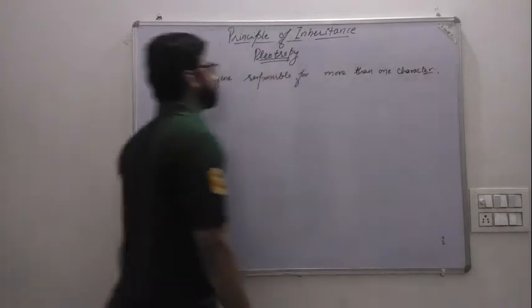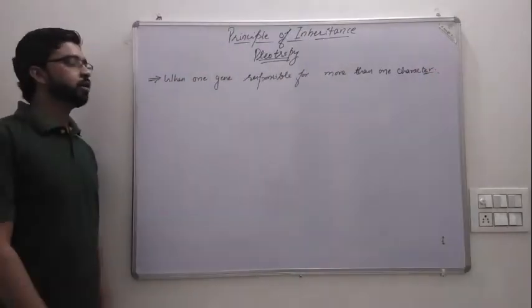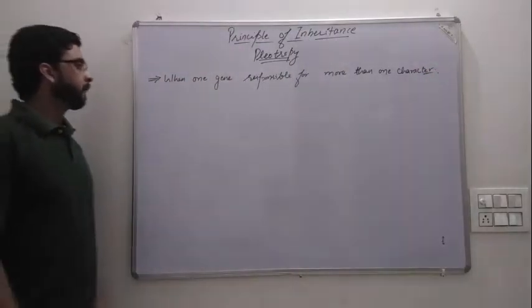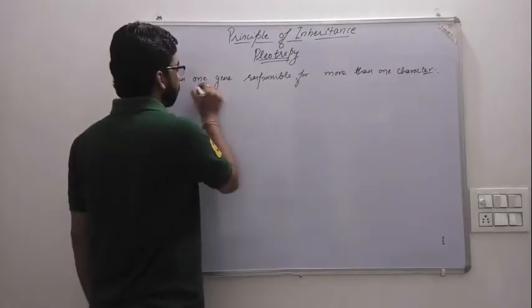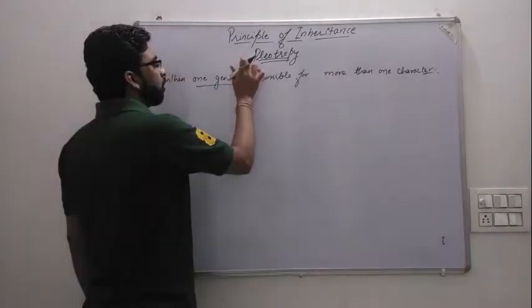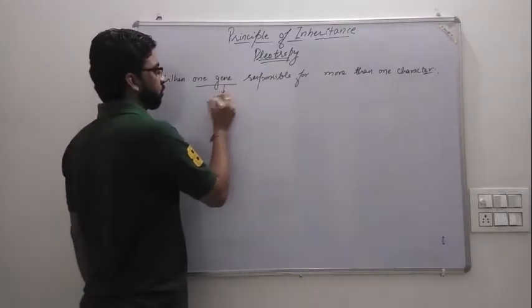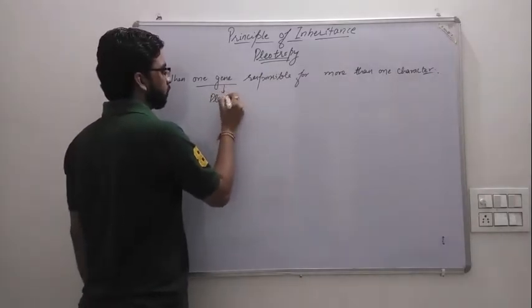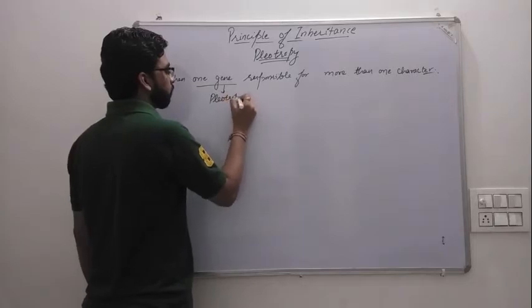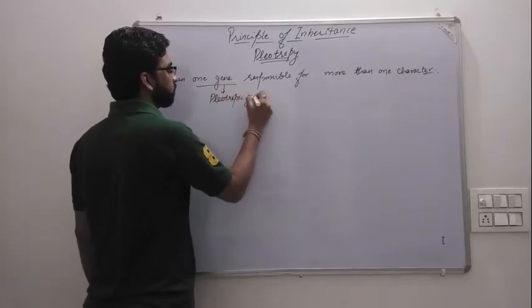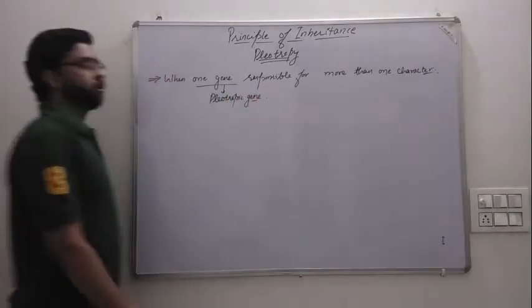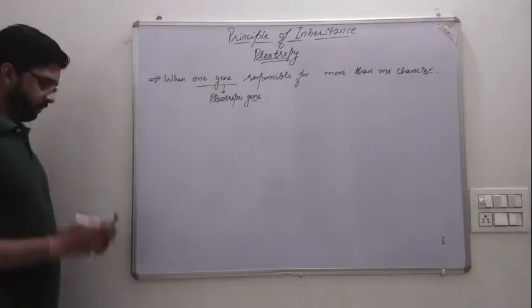When one gene is responsible for more than one character, it is called pleiotropy. And the gene which is responsible for the expression of more than one character is called a pleiotropic gene.